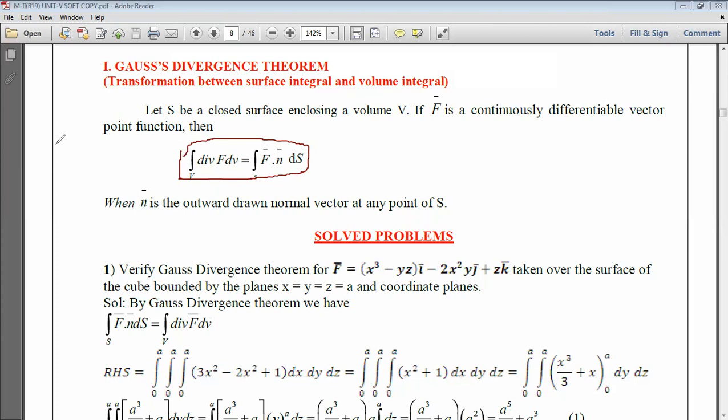Then integral of divergence F dV is equal to integral of F bar dot n bar dS. Already we know F bar is the continuously differentiable vector, and n bar is the outward unit normal vector at any point of the surface.